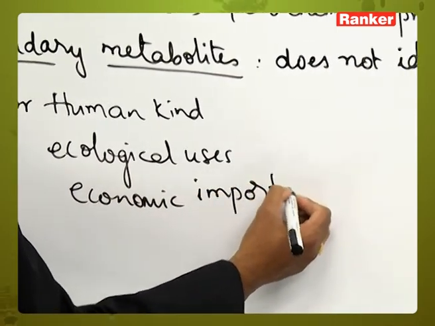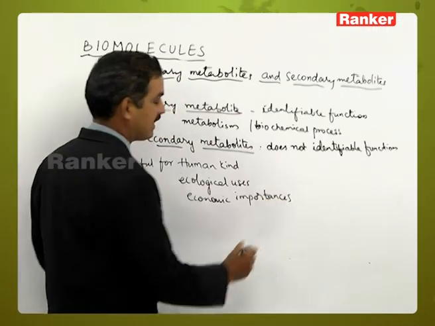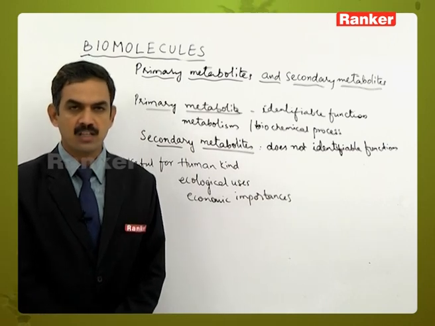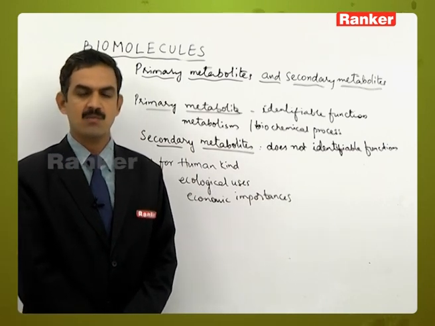Thus, such type of substances which are synthesized inside the cells of the plants but which are not useful for them, such organic compounds are called secondary metabolites.